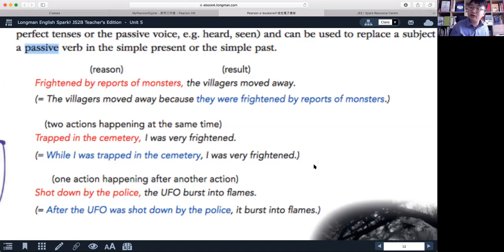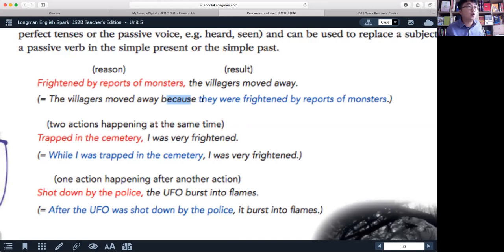Now let's look at the examples here. The first one. The villagers moved away because, you can see because here, because is used to introduce the reason. Because they were frightened by reports of monsters. Here, were frightened by, were, verb to be, frightened, PP, past participle.